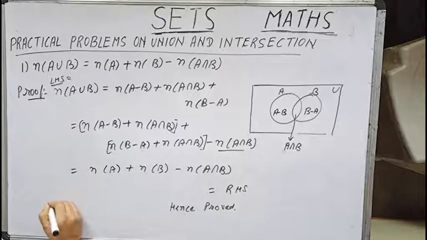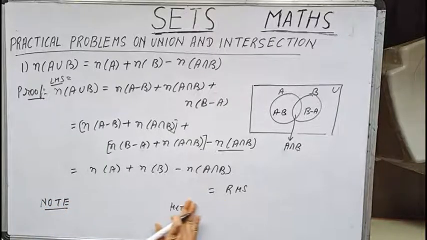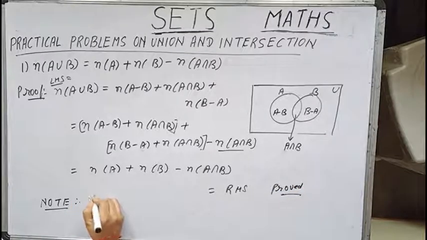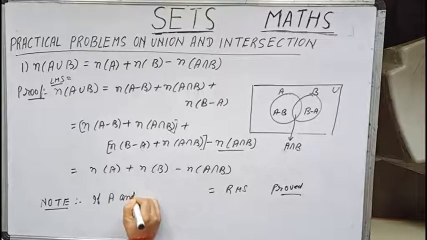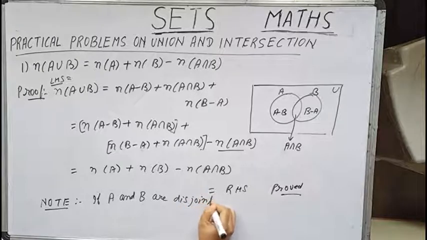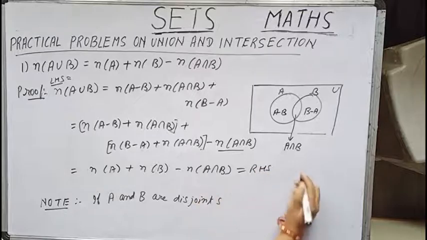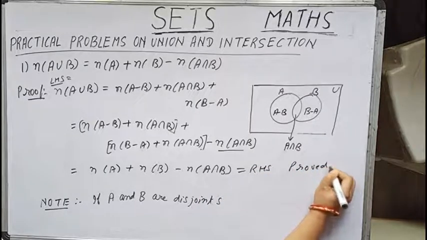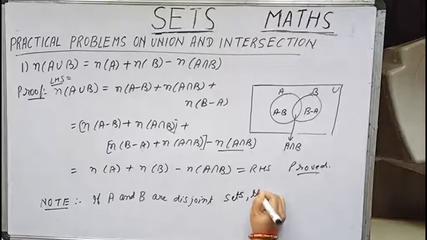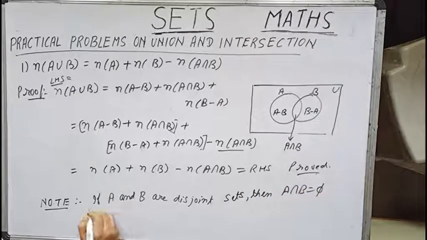Then in that case we will be writing note: if A and B are disjoint sets, then A intersection B equals to phi.